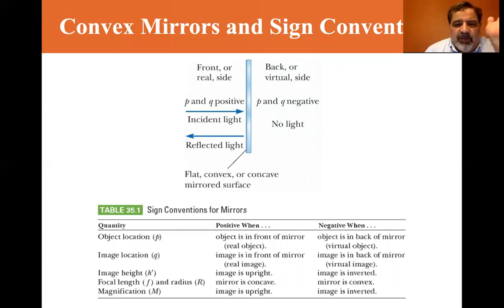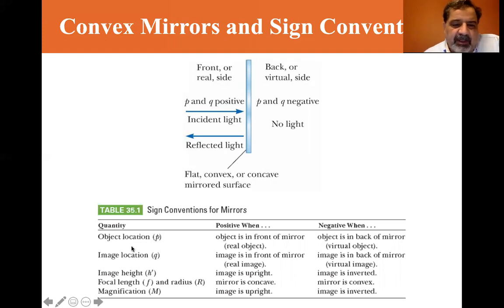All of this is on the front side. On the back side, you're going to have P and Q negative. No light comes from that side of it. And these are the sign conventions for mirrors.